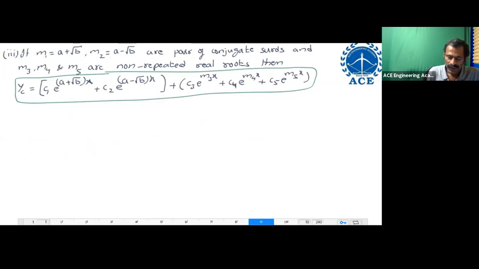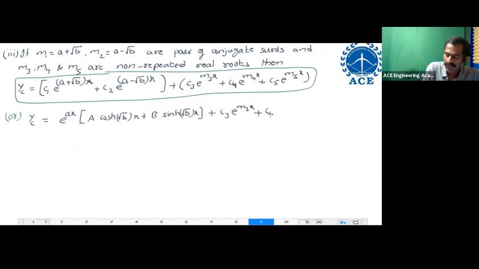That is why we write it in another form. So yc equals e power ax, with the constant A cosh root b x plus B sinh root b x, plus c3 e power m3x plus c4 e power m4x plus c5 e power m5x.